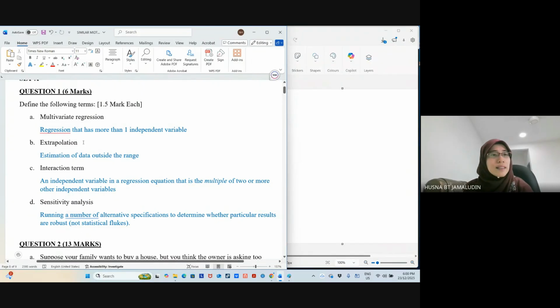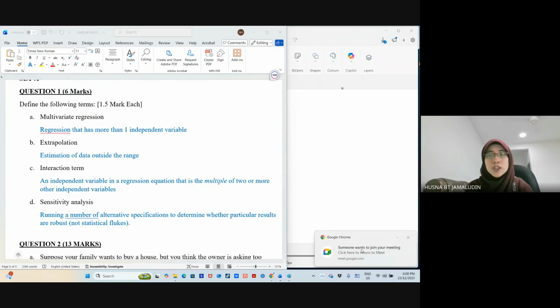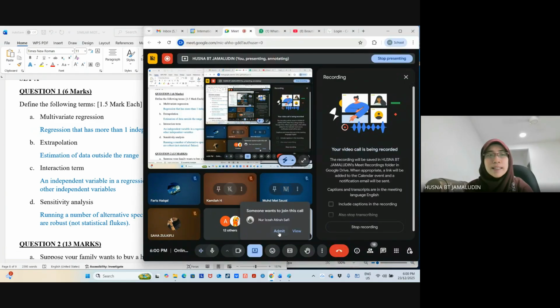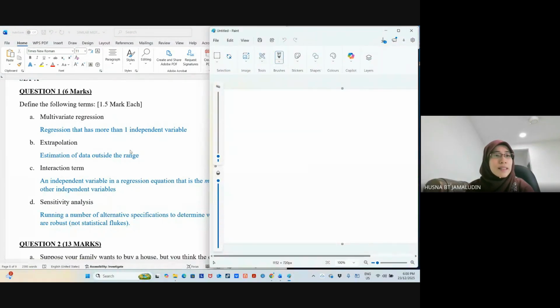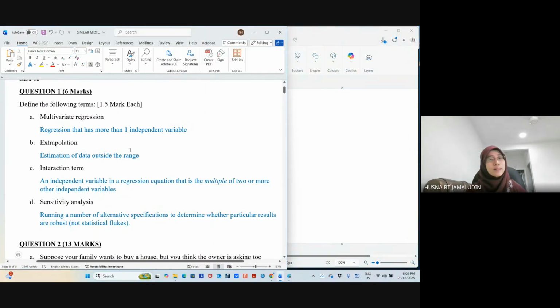Next, extrapolation. I think you have seen this in your quiz as well. This is the estimation of your data outside the range. Normally you need it when you are facing missing data. It is very common for time series data.